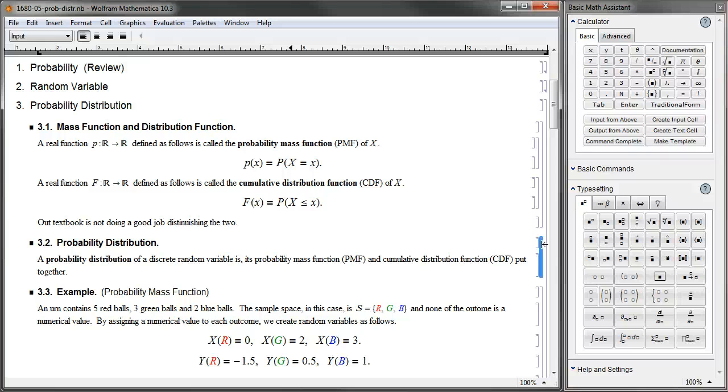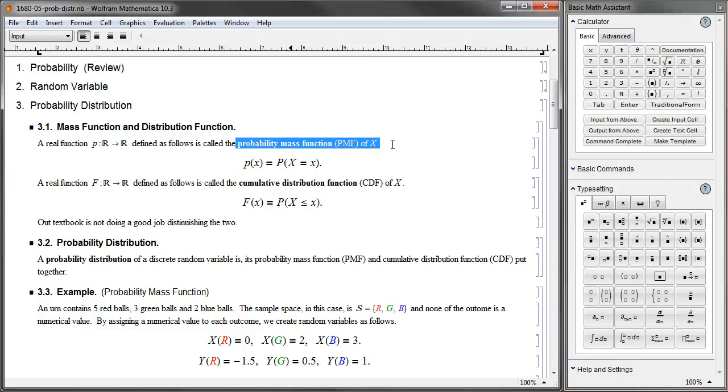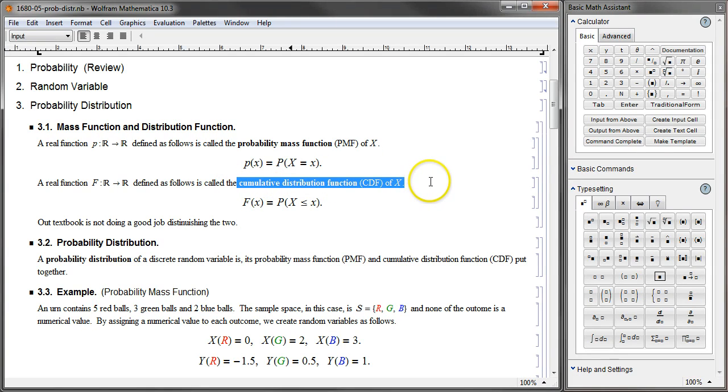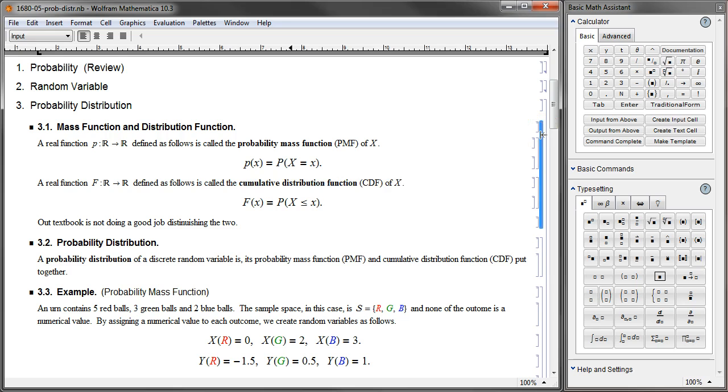This is not a widely accepted notion of probability distribution, but at least this way some people can understand. I mean, probability mass function, yeah, this is not easy, but we're going to go through many examples, so you should be able to understand it. This one is going to be a bit harder, but you have to learn these. And these two put together will be the probability distribution. As far as my course is concerned, that's what I'm going to do.